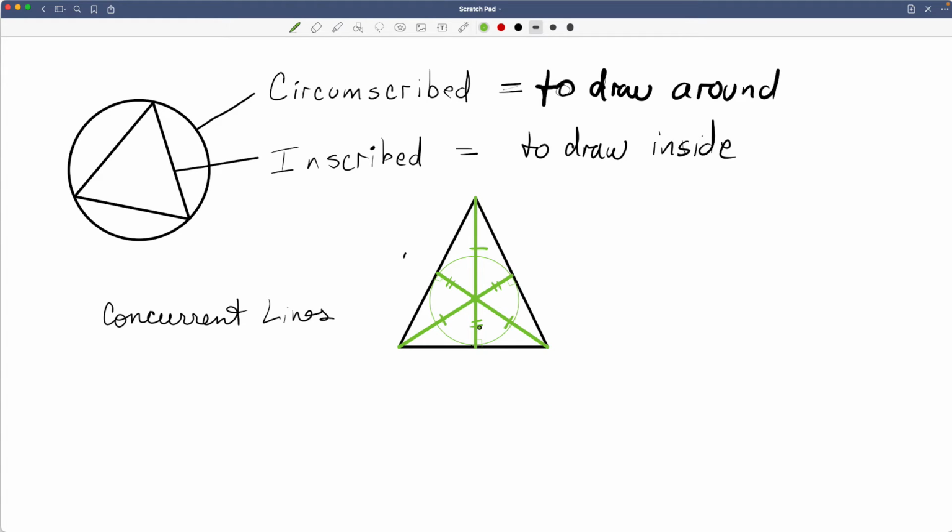So all the bottom halves are congruent, and all the top halves are congruent. And if you take the bottom portion of the concurrent line, that's the radius of the new circle that can be inscribed inside the triangle. It's all kind of cool when you look at it like that.